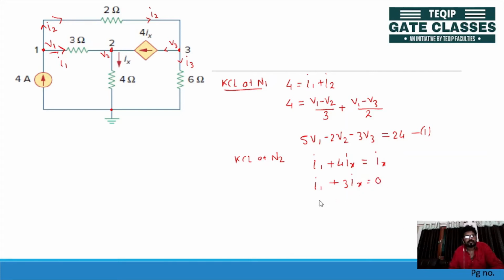I1 again we have to write in terms of node voltage. I1 is (V1 minus V2) by 3, plus 3 times Ix. Ix is the potential difference V2 minus 0, since this is at ground potential 0. So V2 minus 0, that is V2, by the resistance, that is 4, is equal to 0. Here is your equation 2.